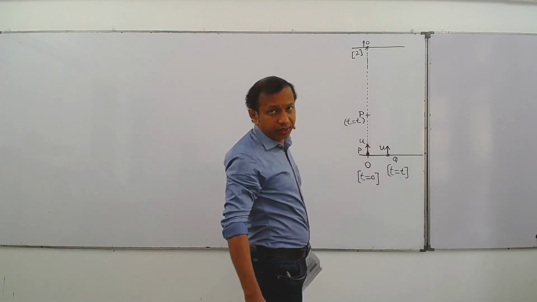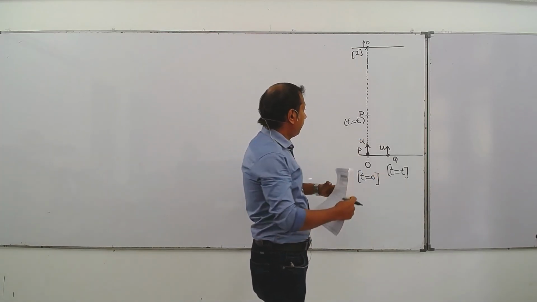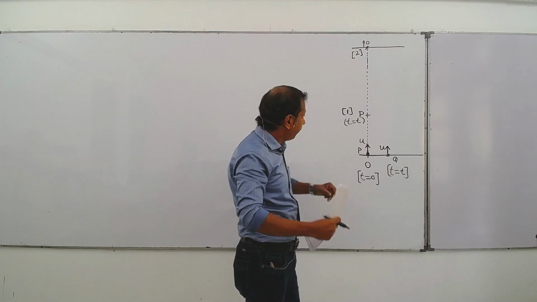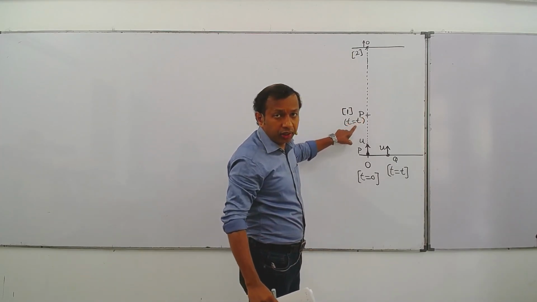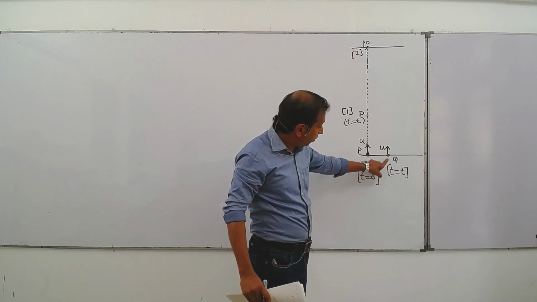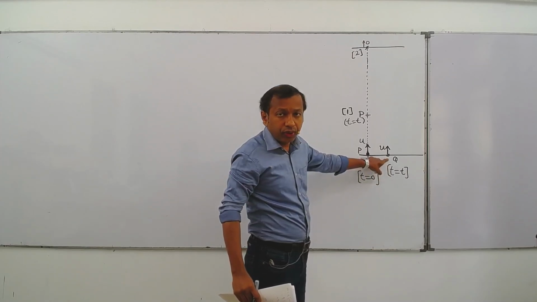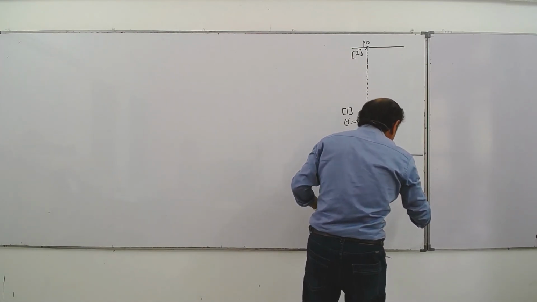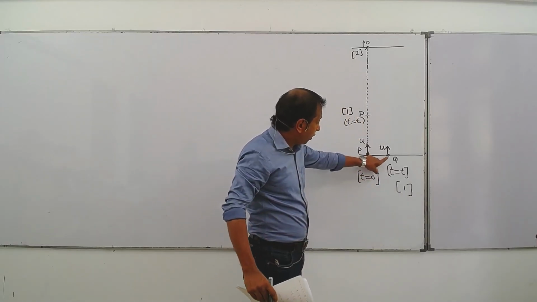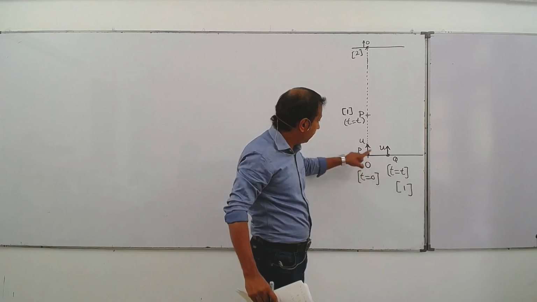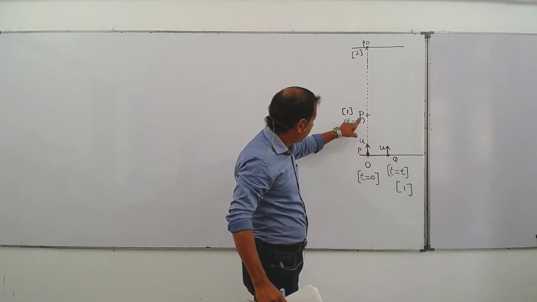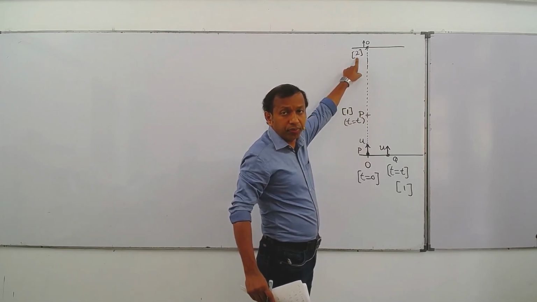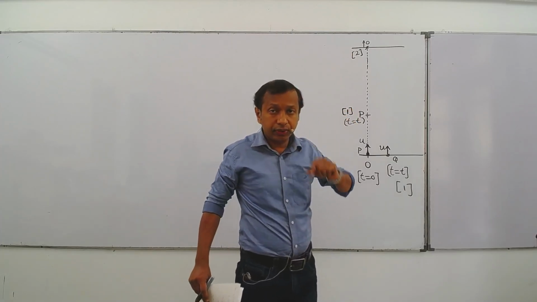That means the first instant is when particle P reaches this height, time is t, and at that moment particle Q is projected. So at time t equals t, the first instant, Q is projected upwards and P is here. The second instant I take as the moment particle P comes to the maximum height.